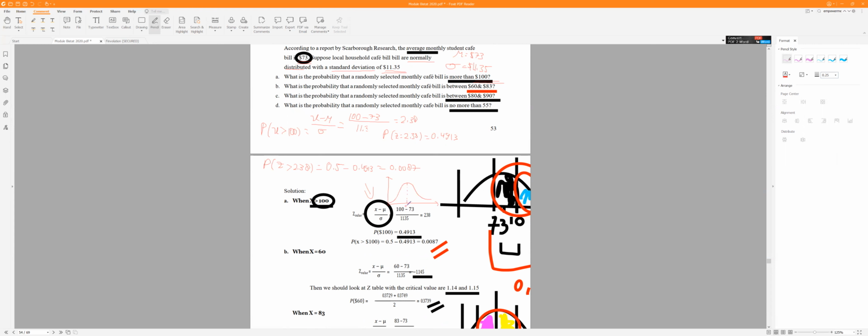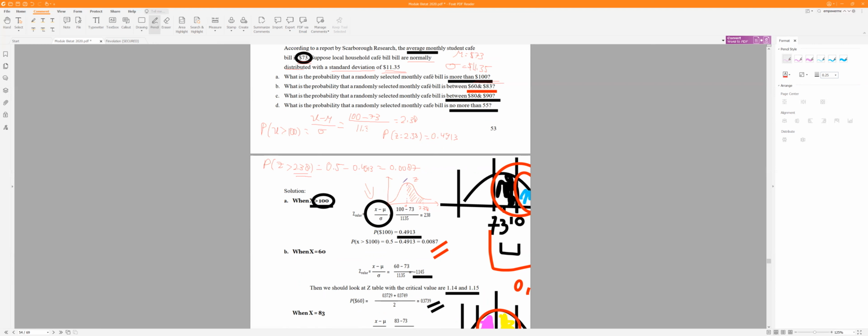This is 0, and this represents Z, all values of Z. If the Z value is 2.38, which is all the way over here, the probability that it's less than 2.38 is over here. It's the part where I'm shading. That's for less than. You always put an emphasis on the left of the graph.